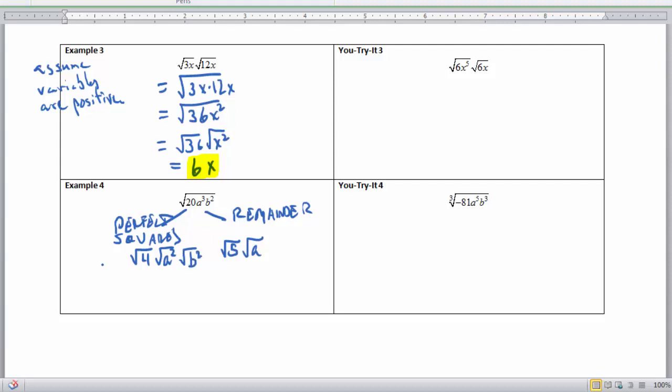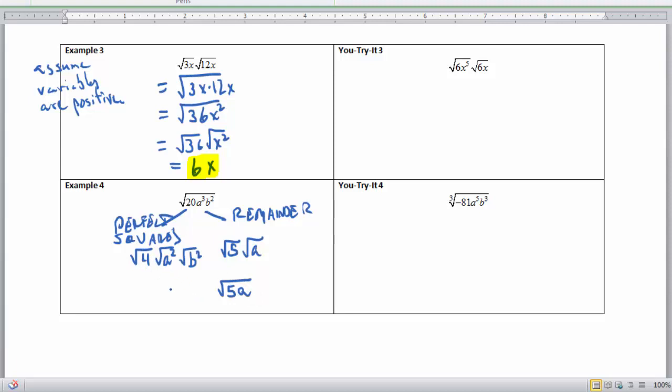So I have my perfect square side as the square root of 4 times the square root of a squared times the square root of b squared, and my remainder side is the square root of 5 times the square root of a. So my remainder side is going to just stay the way it is, right? The square root of 5 times the square root of a is just going to be the square root of 5a. But my perfect square side I can simplify, right?